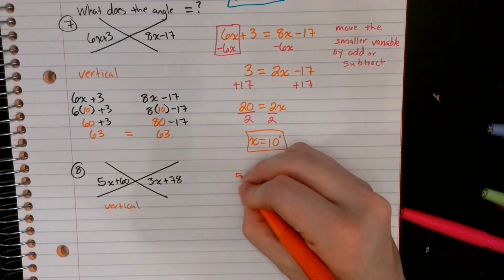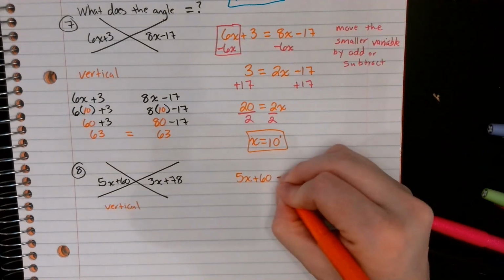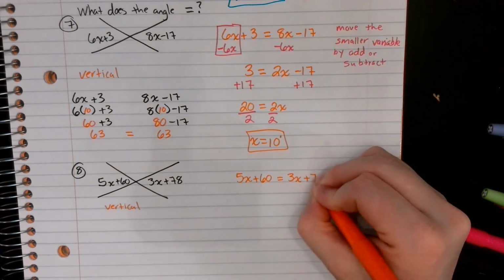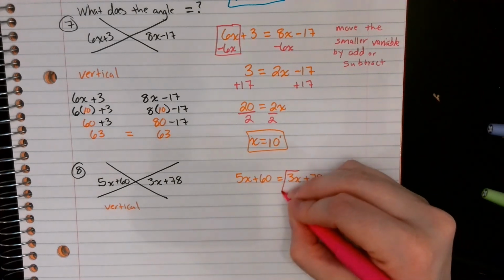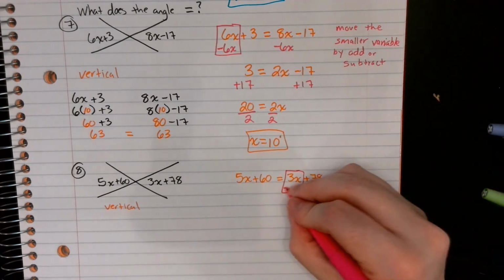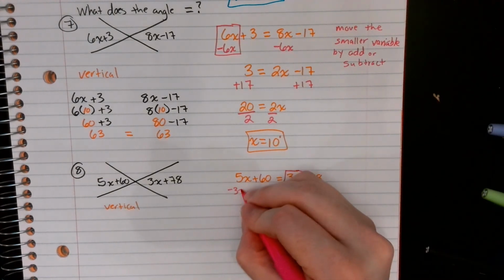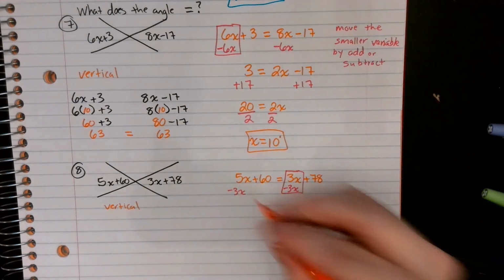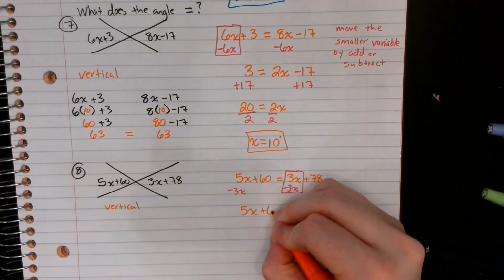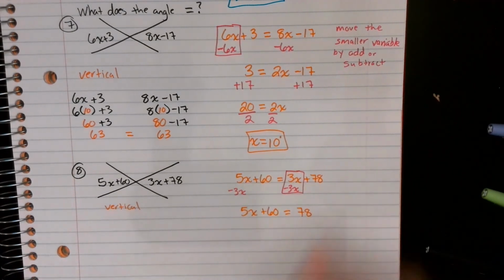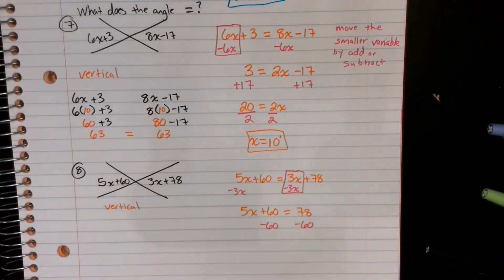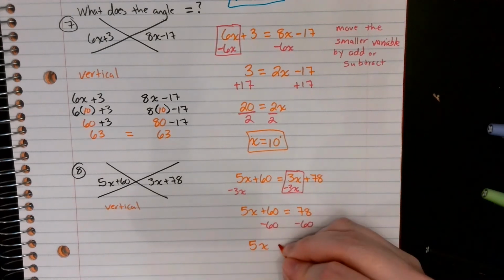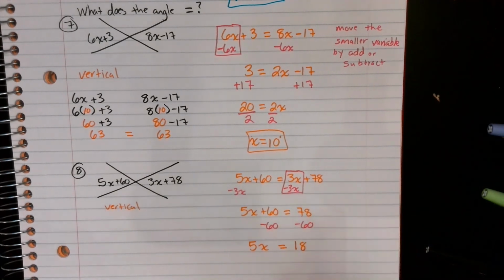That means that we've got 5x plus 60 is equal to 3x plus 78. Now I need to get the smaller of the x's over to the other side, which would be that 3x. That's the smaller one. So I'm going to subtract 3x from both sides. That would leave me with 5x plus 60 is now equal to a positive 78. I would then subtract 60 from both sides. That's going to leave me with 5x is now equal to 18.